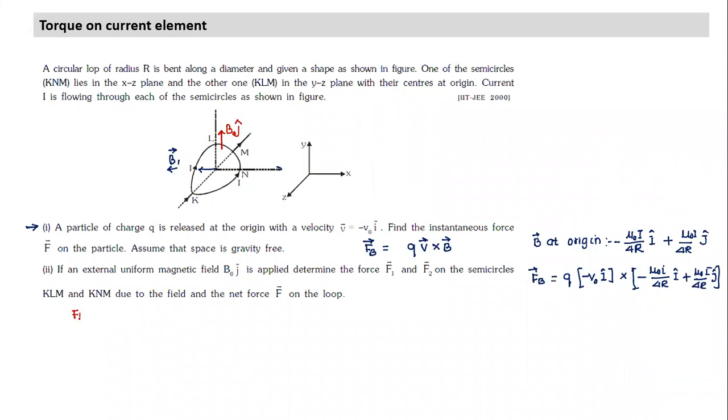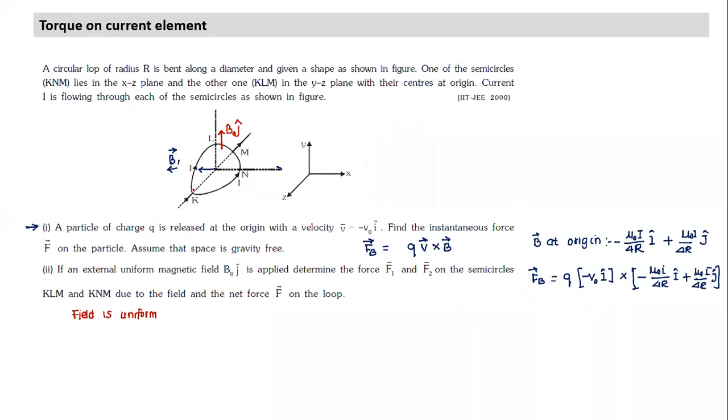If the field is uniform, I can replace the current element with a resultant. Since the field is uniform, if I have to calculate the force on a current element which is not straight, suppose the first part, KLM, I can replace it with an equivalent straight current. What is the equivalent straight one?